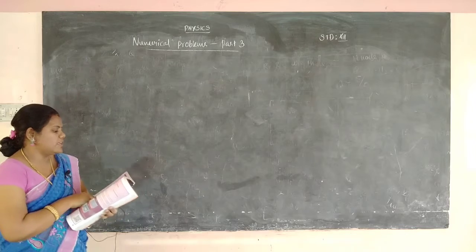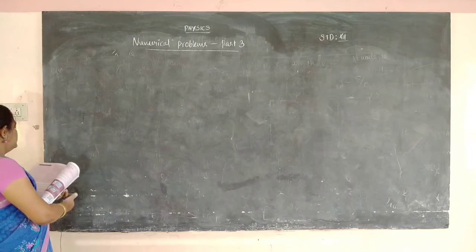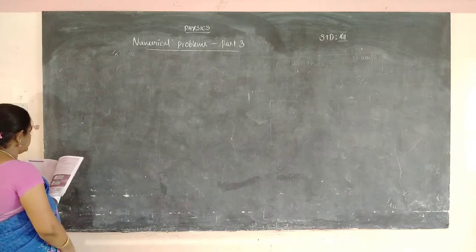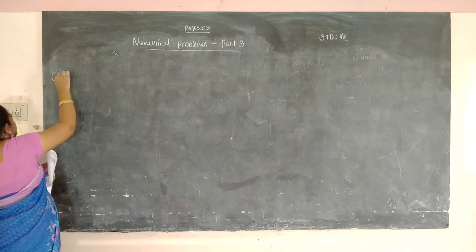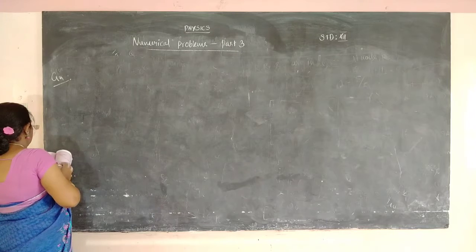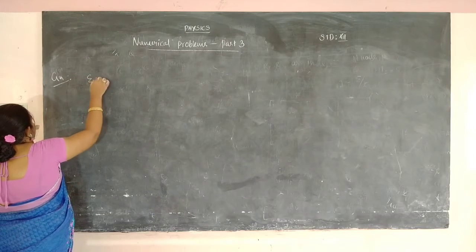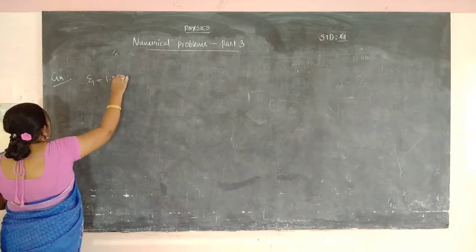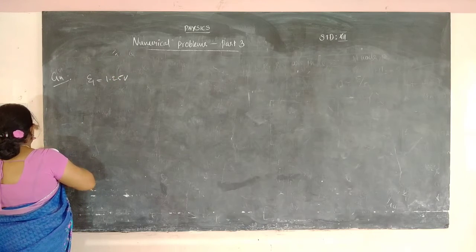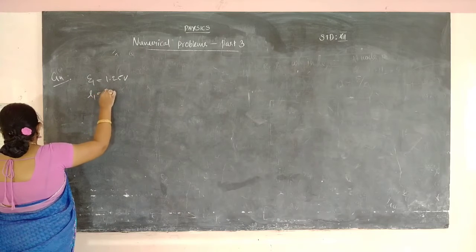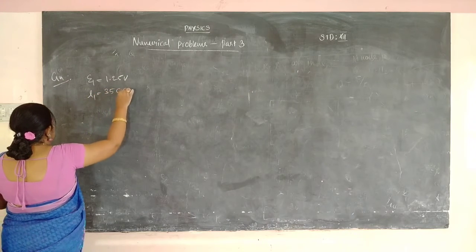Okay, potentiometer arrangement la what are the given values? EMF ψ1 is equal to 1.25 volt, and then length L1 is equal to 35 centimeter.